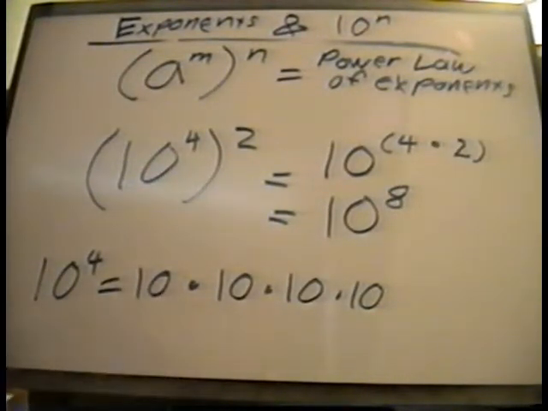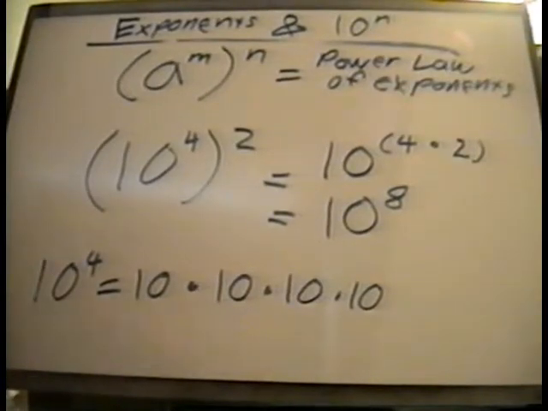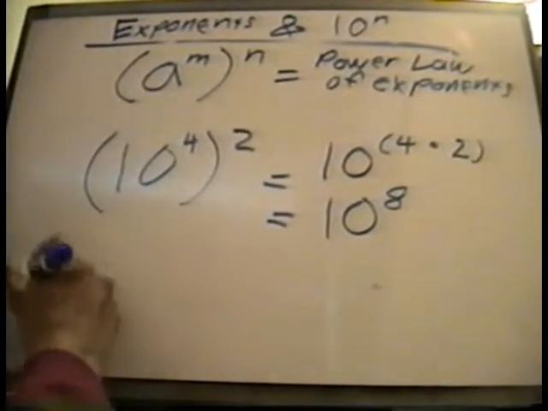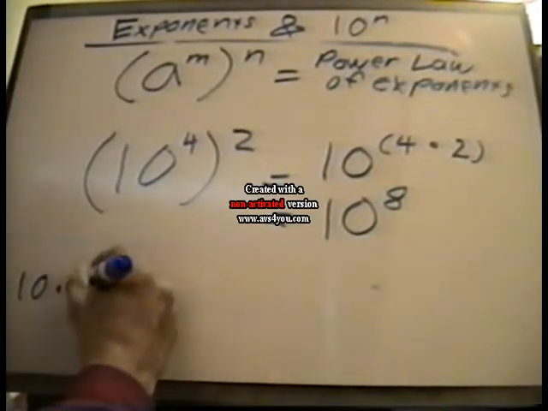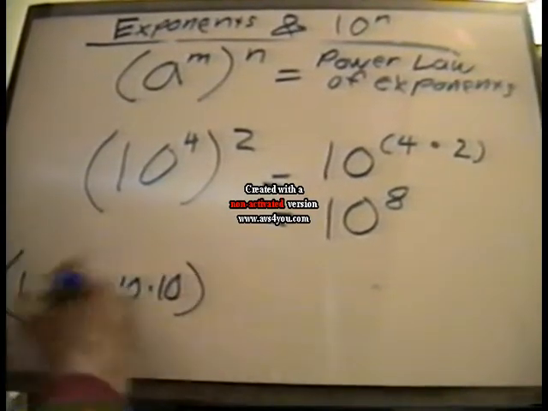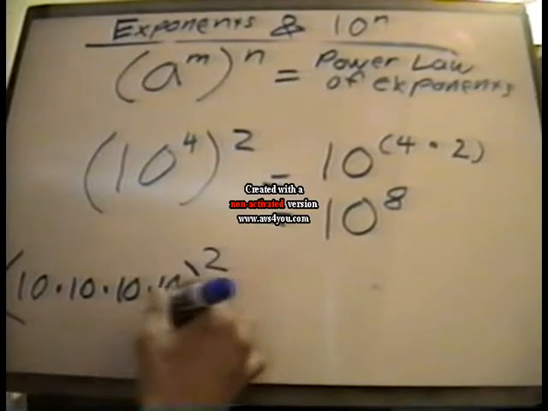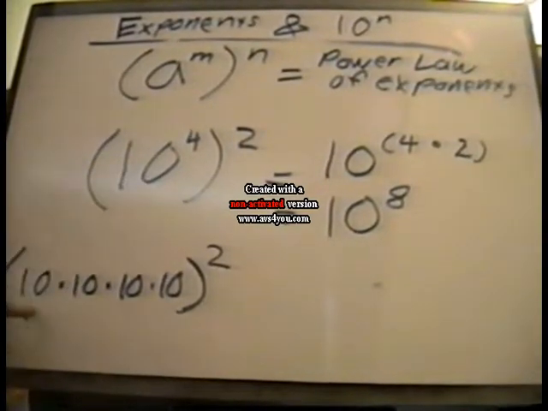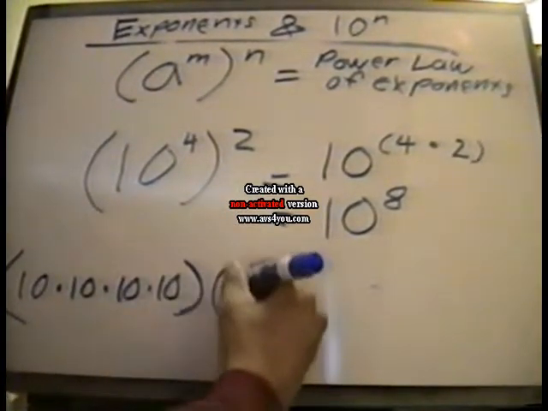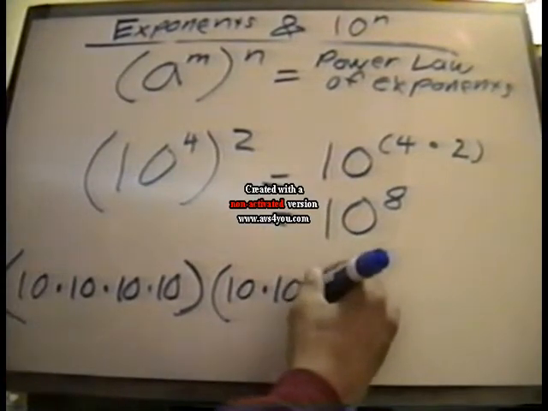So if we square 10 to the power of 4, once we square that, then we get 10 times 10 times 10 times 10 times 10 times 10 times 10 times 10, and we multiply all these the way across.